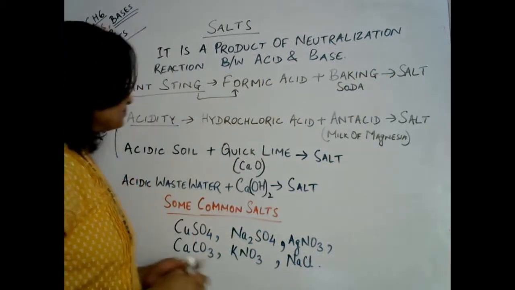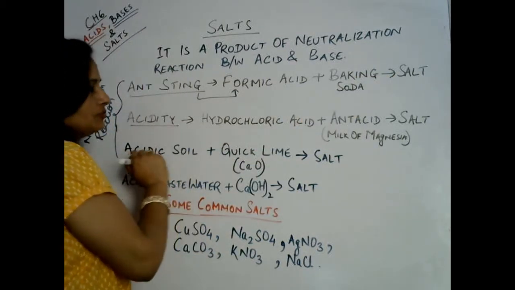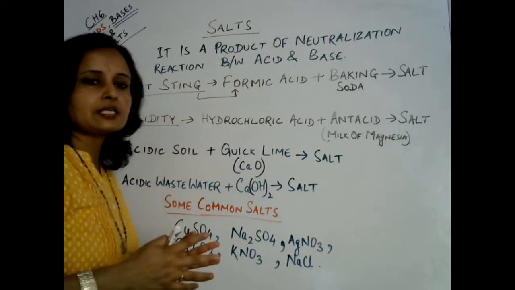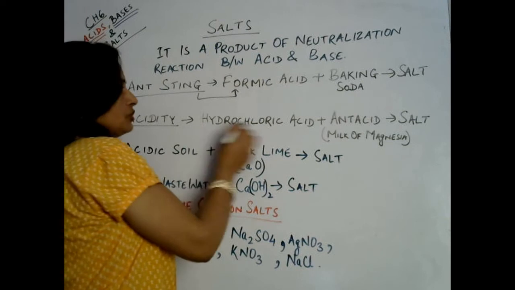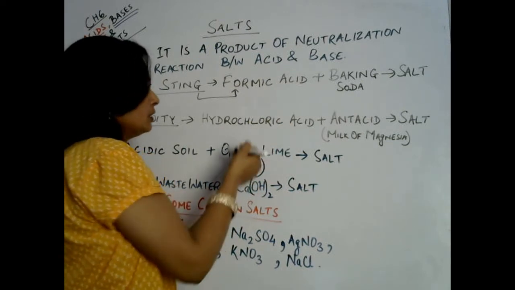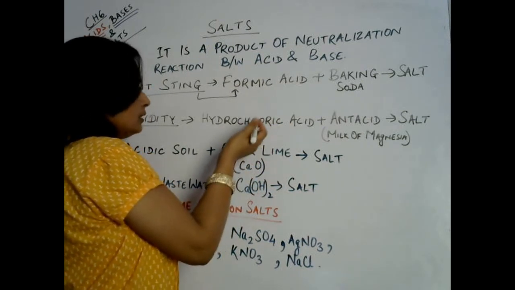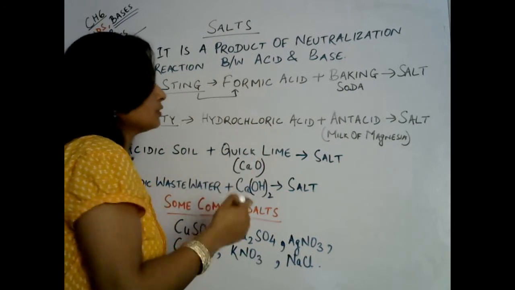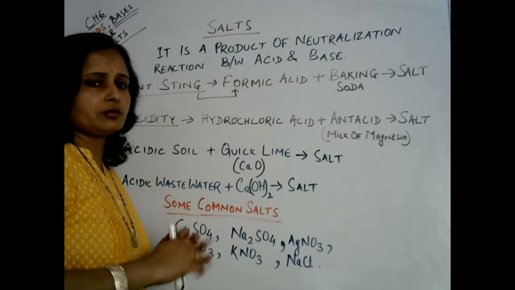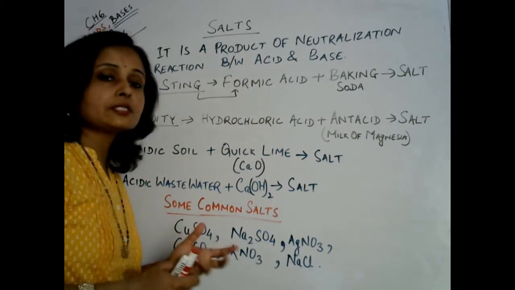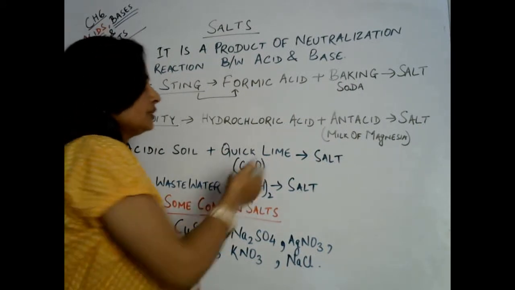is formed. Next is acidity, which we sometimes feel after taking spicy food. In that case, hydrochloric acid is produced. The amount of hydrochloric acid increases in our stomach, which releases more hydrochloric acid for digestion, so we feel a burning sensation.